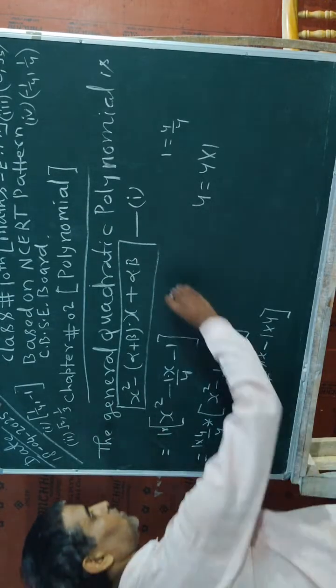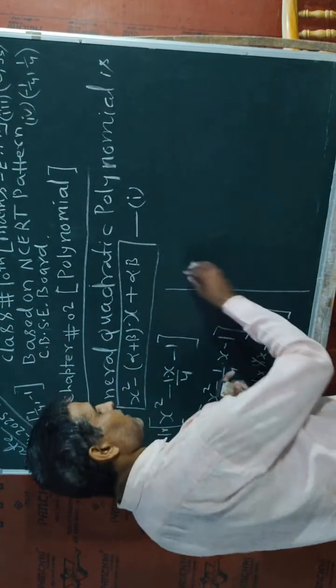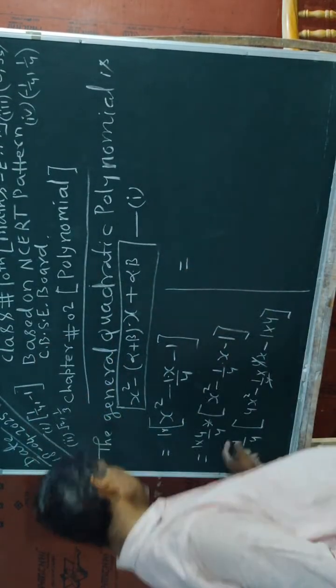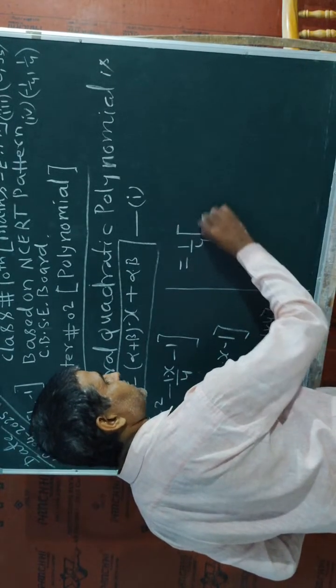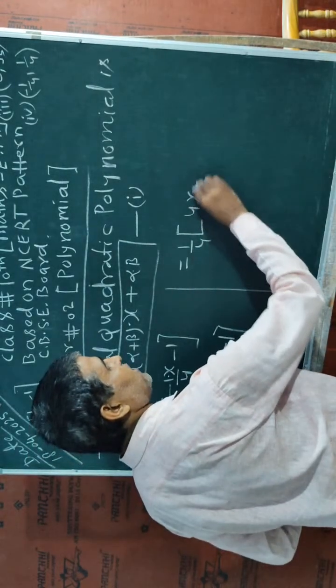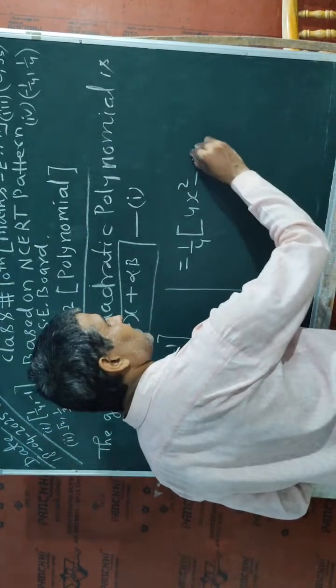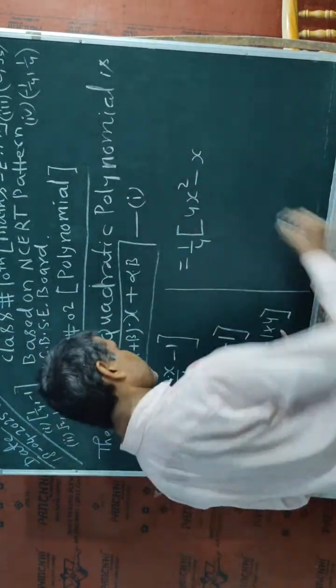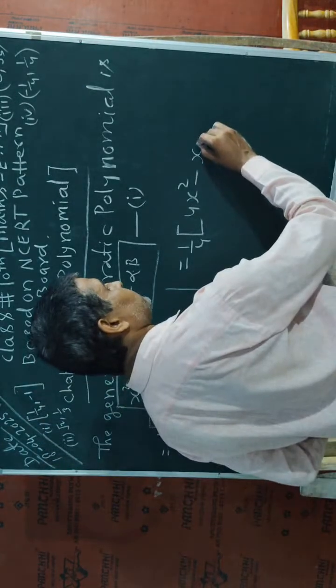Okay students, so again further I can write 1 by 4, and after simplification here I will write 4x square minus x, and then here I will write minus 4 into 1 into 4, that is 4.